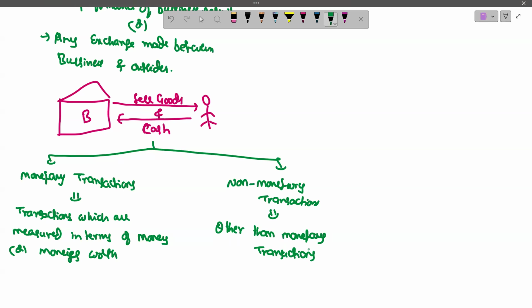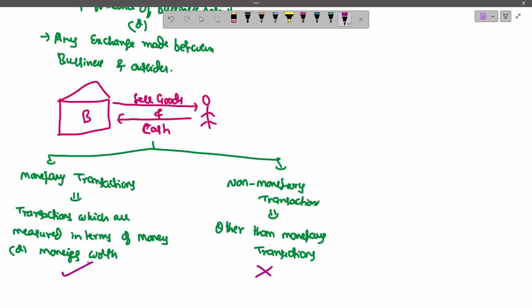Quantity of the goods is not measured in terms of money. Pollution created by the entity is not measured in terms of money. Such items, which are not measured in terms of money or money's worth, are covered under non-monetary transactions, and these are not recorded in the books of accounts. Only monetary transactions are recorded in the books of accounts.